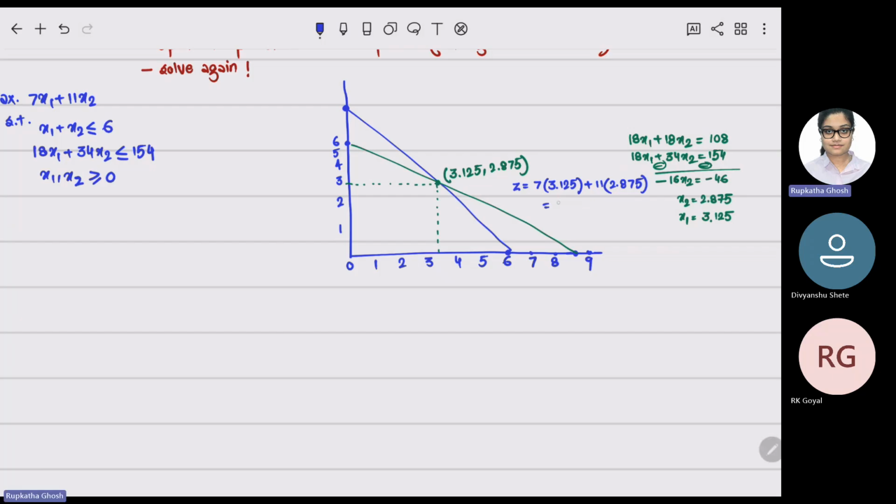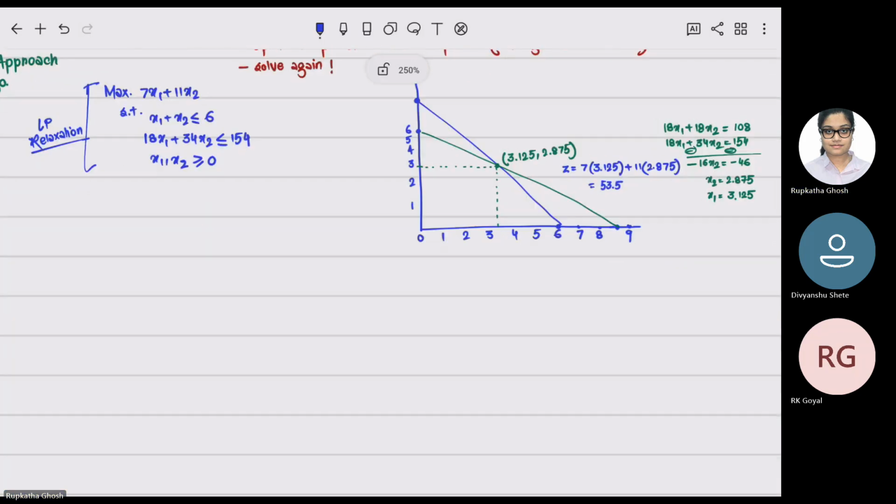That is 53.5, right? So you first start with the LP solution. Now what do we do? Next thing is that we will make this a root node. So Z is equal to 53.5.